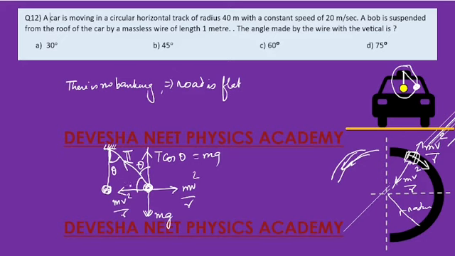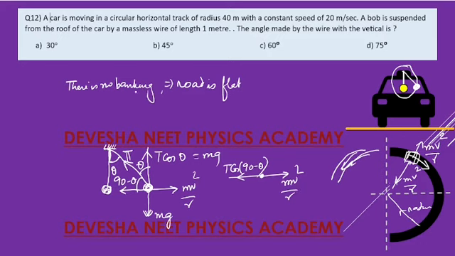Now T sine theta: this angle is 90 minus theta, so T cos of 90 minus theta, which is T sine theta, is equal to the centrifugal force. So T sine theta is equal to mv square by r.